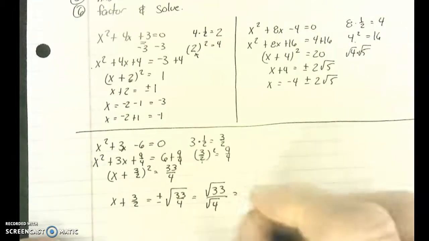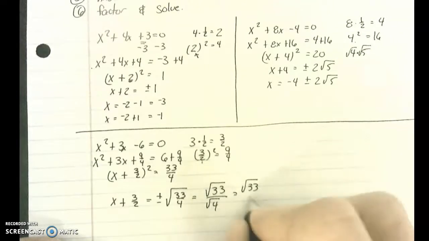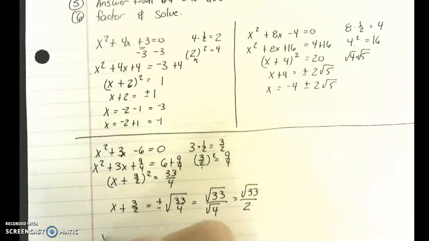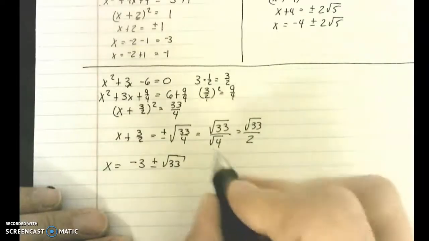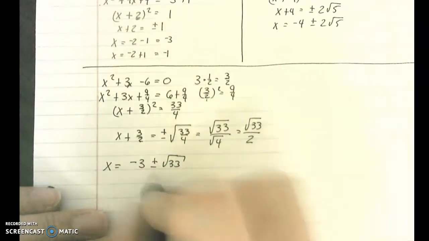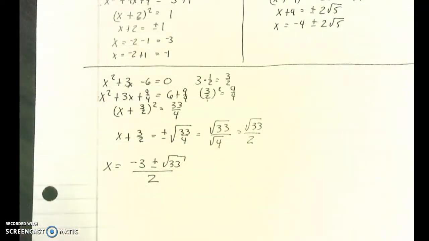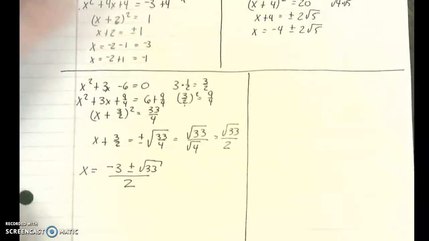So then that's going to give us, because the 33 doesn't break down, but the square root of 4 is 2. So then I can come over to here and I'm going to say x equals negative 3 plus or minus the square root of 33. And because the denominator here is 2 and the denominator here is 2, I can put it all under the same denominator like that. And that would be our final answer.